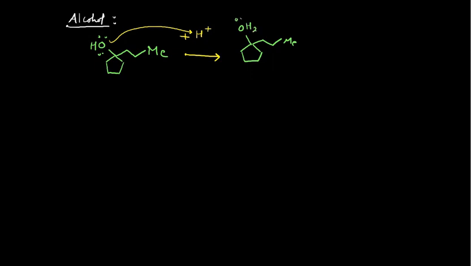No problem in that. After that the dehydration step would occur. In the dehydration you remove the water molecule, that means minus H2O, and when you do that you will form a carbocation.